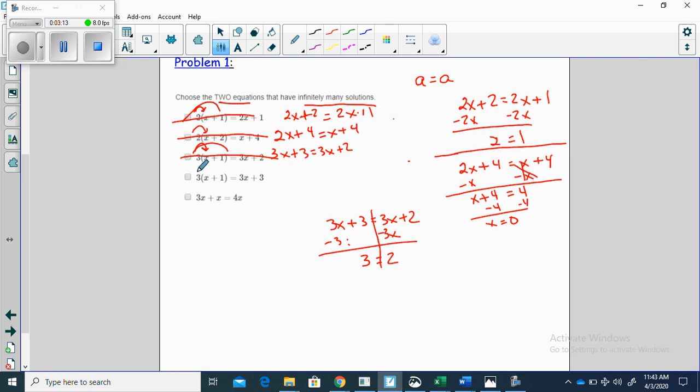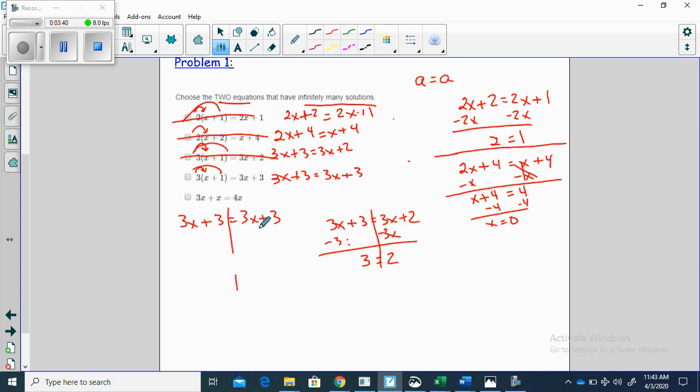Let's try this one. This gives me 3x plus 3 is equal to 3x plus 3. Well, if you've got 3x plus 3 is equal to 3x plus 3, let's work this out.